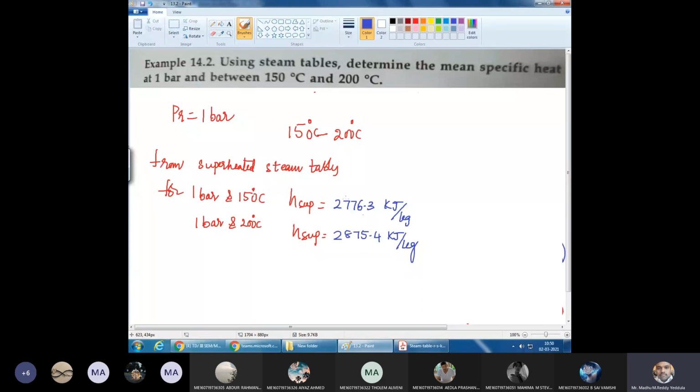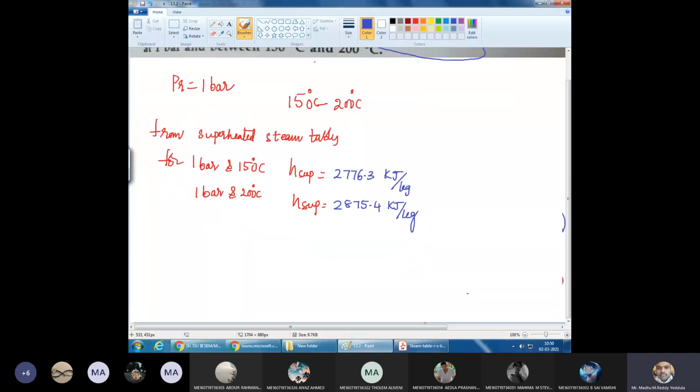What he is asking is to determine the mean specific heat. So the mean specific heat can be calculated like this. We can write h superheated at 200 equals h superheated at 150 plus Cp into (200 minus 150).